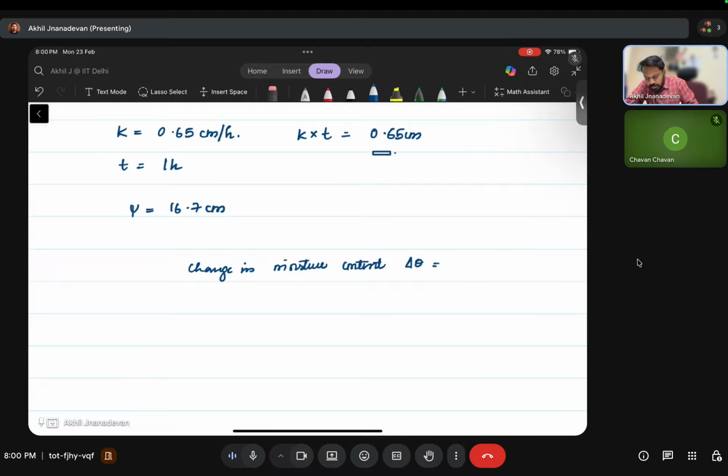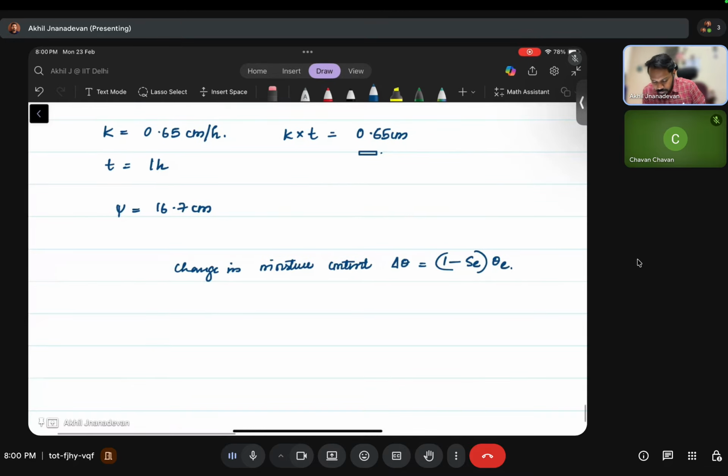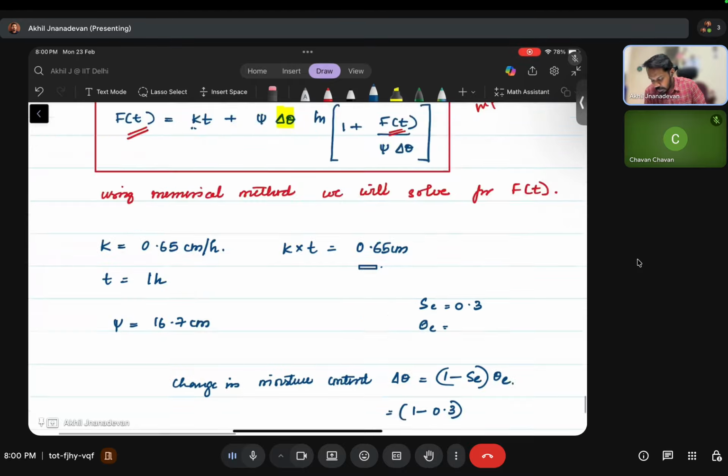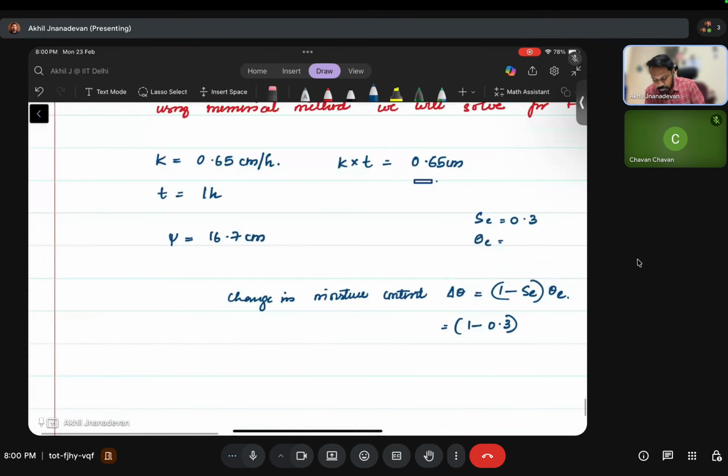Delta theta is given by 1 minus effective saturation, into theta E. The effective saturation is given in the question as 0.3, and the effective porosity is 0.486.